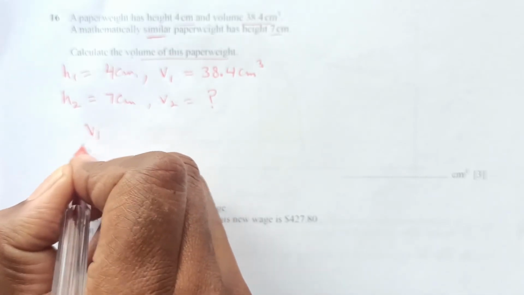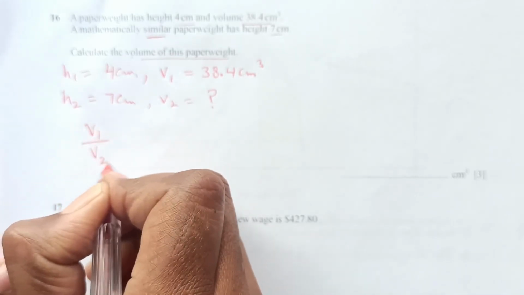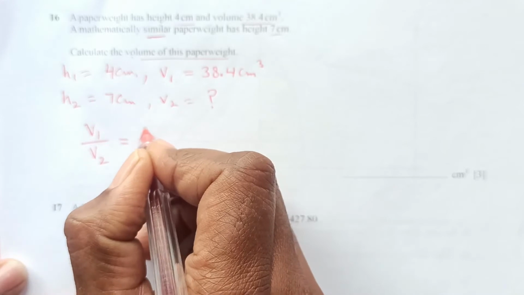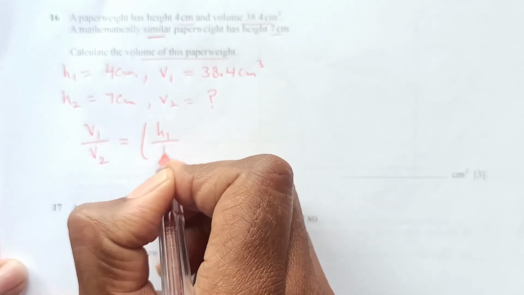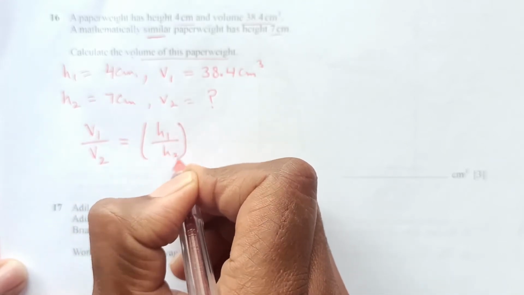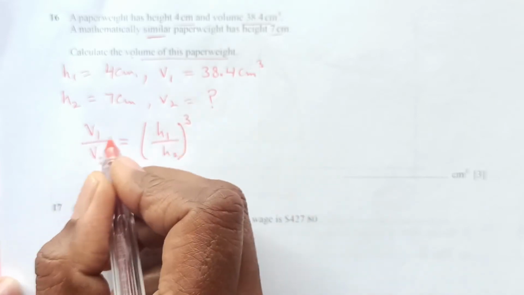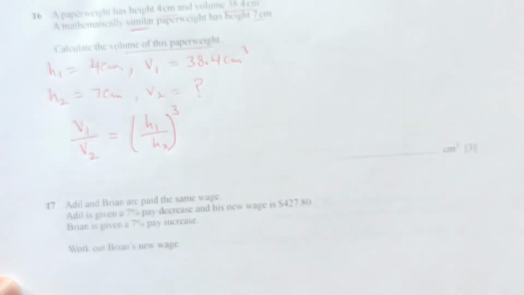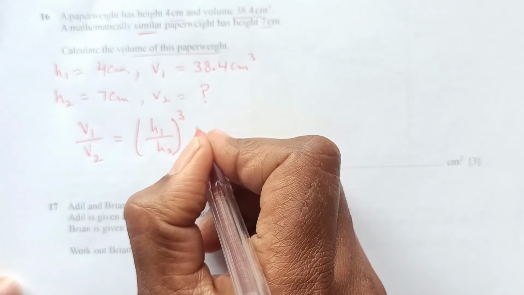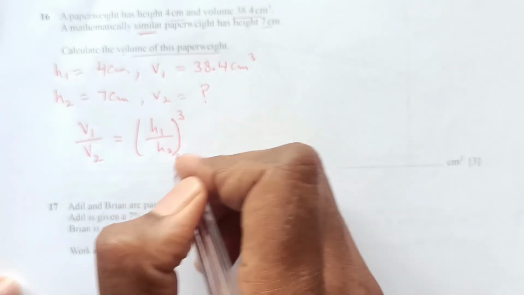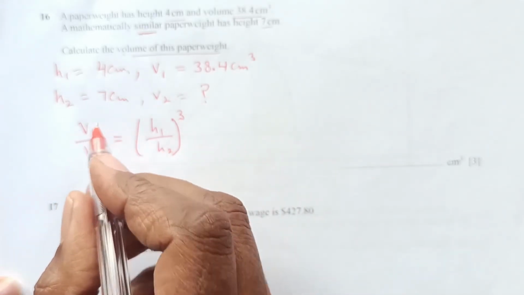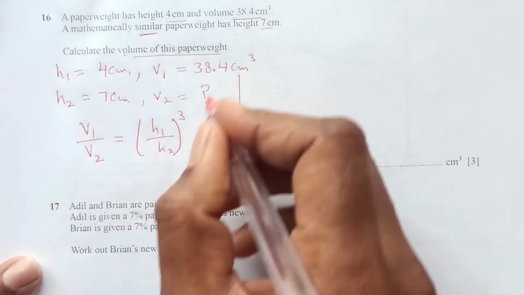So if they are similar, that means the ratio of volumes should be the cube of the ratio of heights because of the similarity. Now we will just plug in the values here. V1 over V2.